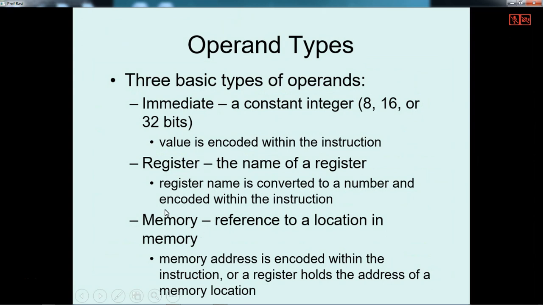So three types of syntaxes you can use: you can specify your data immediately in the instruction, or you can use a register to hold the data or the operand, or you can specify your operand in a memory location, which is pointed out.